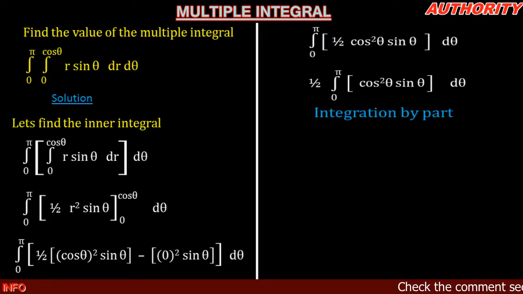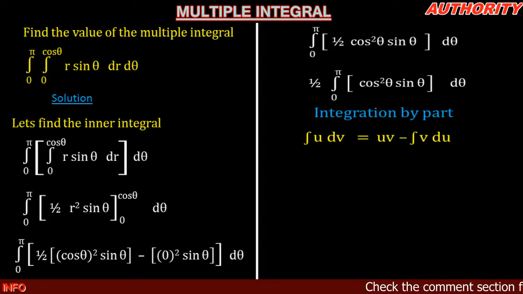How does integration by parts work? The integral of u dv is equal to uv minus the integral of v du. This is the formula for integration by parts.